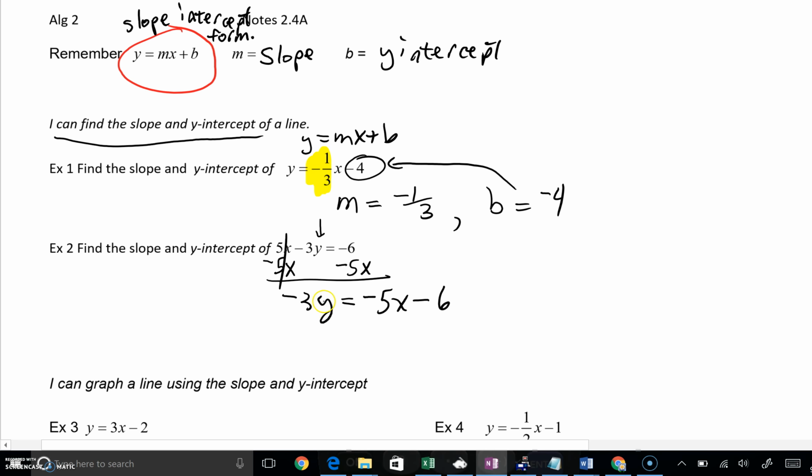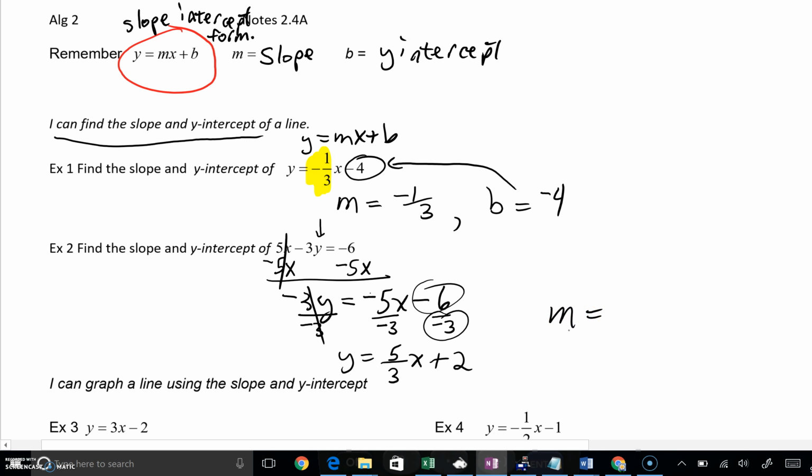Next, again, I want to get y alone. I'm going to divide every part of the problem by negative 3. You can see the negative 3's cancel, and a negative over a negative becomes a positive. It becomes 5/3 x. Negative 6 divided by negative 3 is a plus 2.